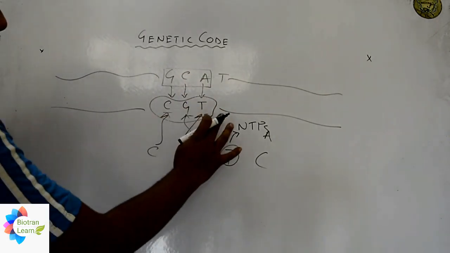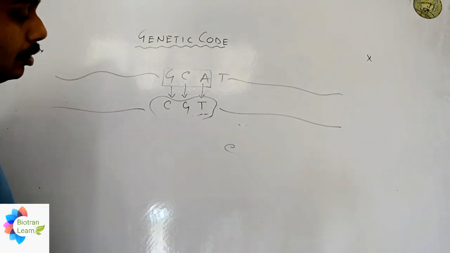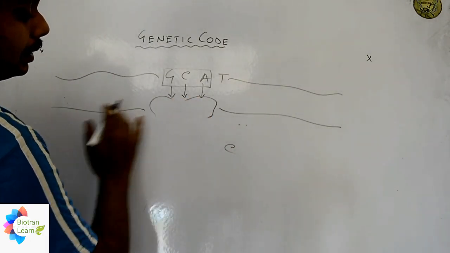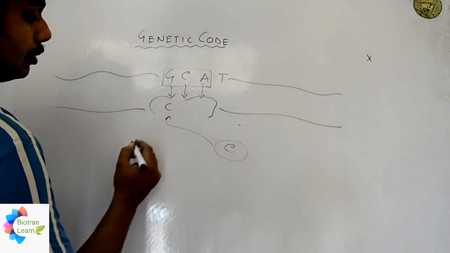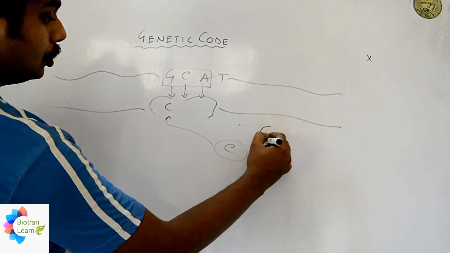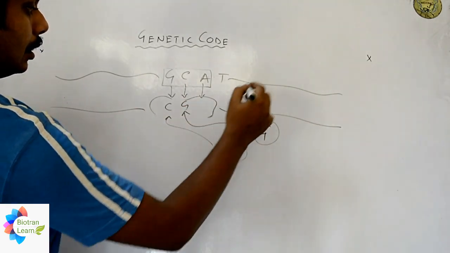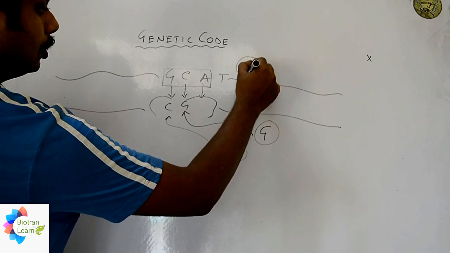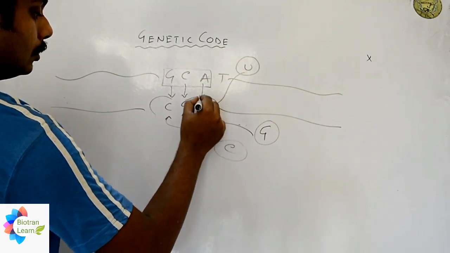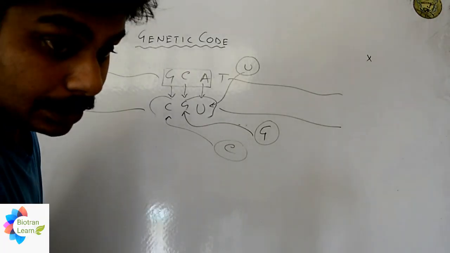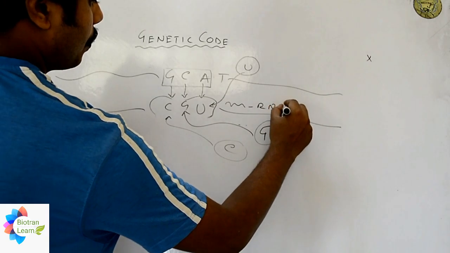Suppose I have written C here, so C will sit in this particular section. I have written G, then G will sit in this section. I have written U, then U will sit in this section, in the case of mRNA formation.